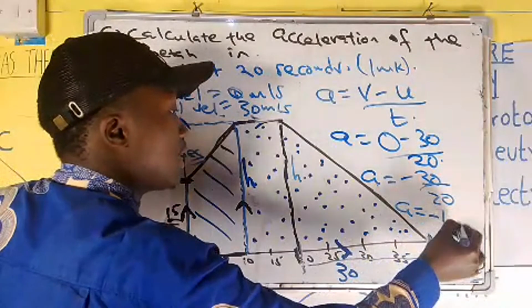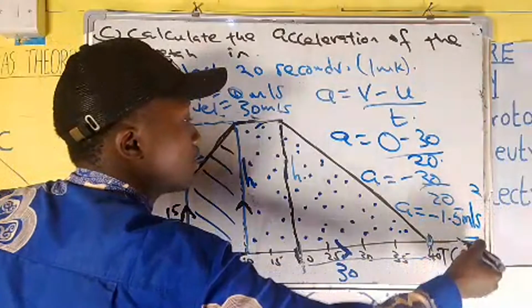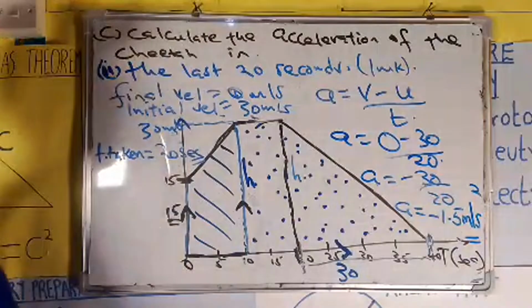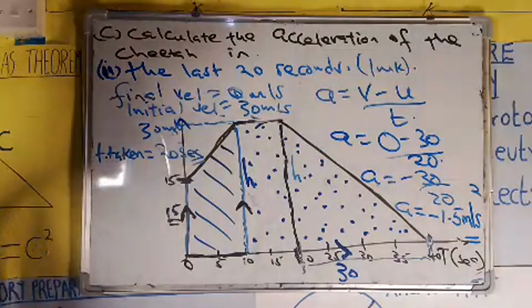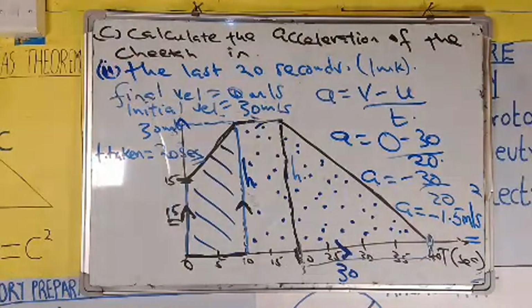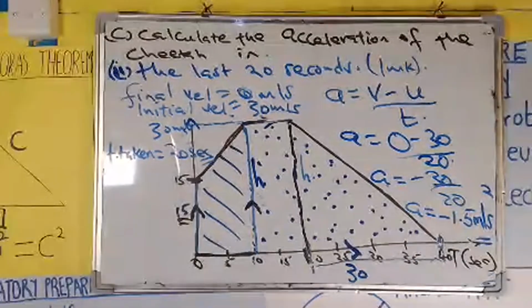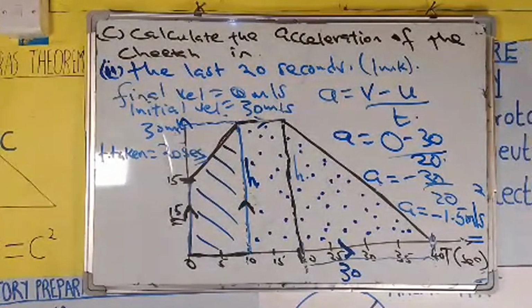Negative 30 divided by 20 itakuwa nini? Our acceleration is negative 1.5 meters per second squared.